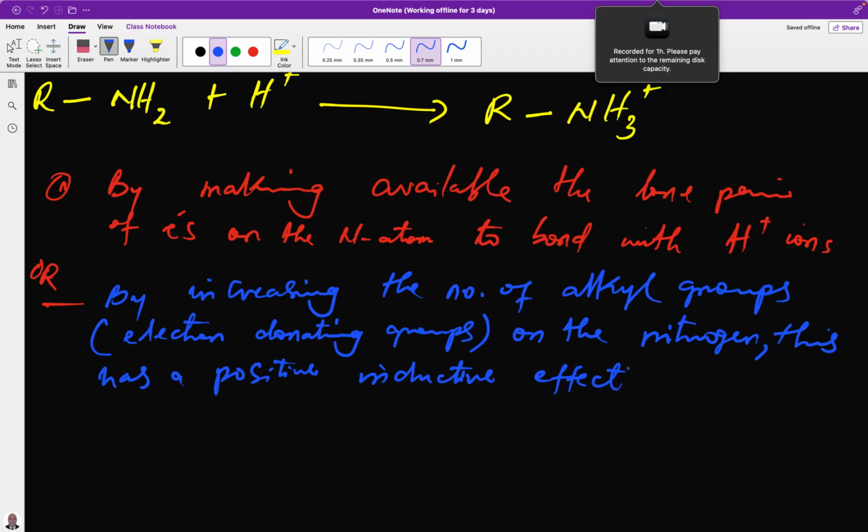This has a positive inductive effect, making the electrons readily available to bond with hydrogen.